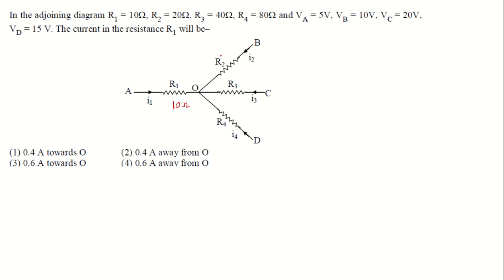And R2 is given as 20 ohm. The next one, R3, is given as 40 ohm. And R4 is given as 80 ohm. And the potential at the point A is 5 volt. At the B point it is given as 10 volt.